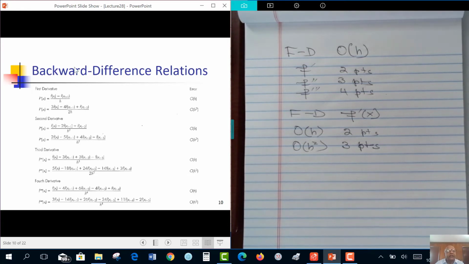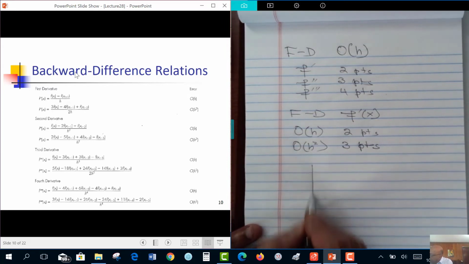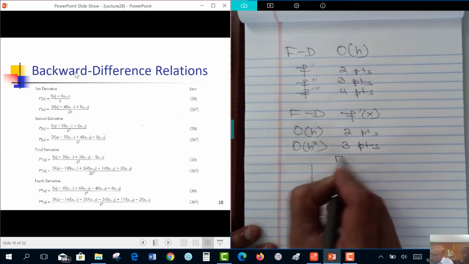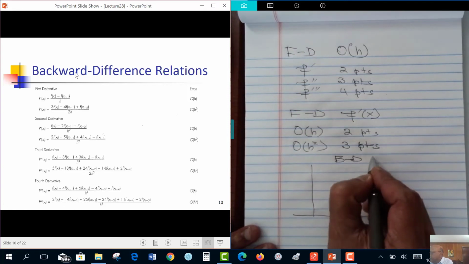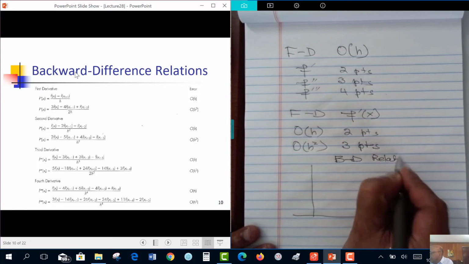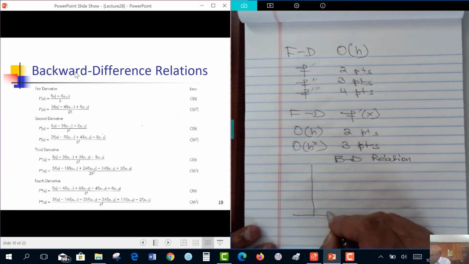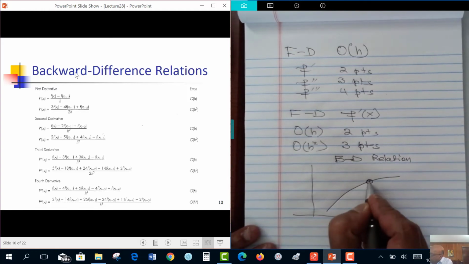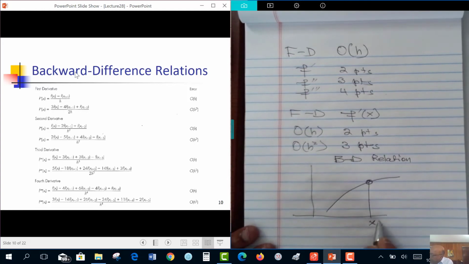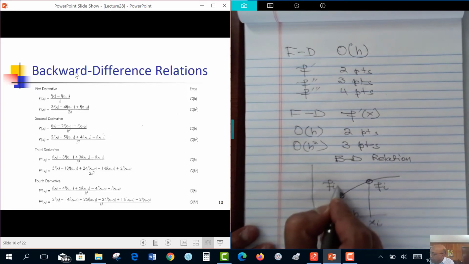Then our next relationship is the backward difference relation. In backward difference relations, all we are doing is just flipping it. So we have this curve. We want the derivative here, at xi. We take a point behind, xi minus 1, so this is fi minus 1.